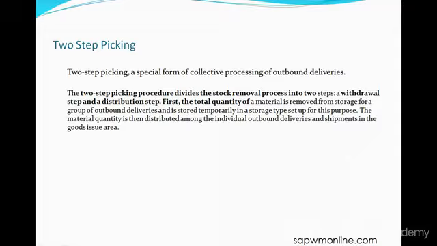So in SAP we have something called two-step picking, which we can use if we have some fast moving items and we want to optimize the picking process so as to save time. So let us see some of the details in the system.